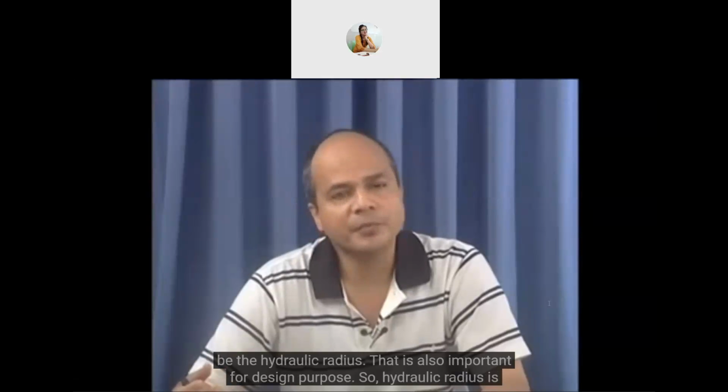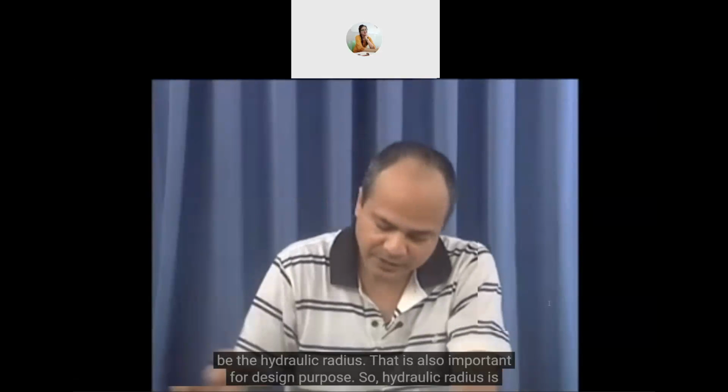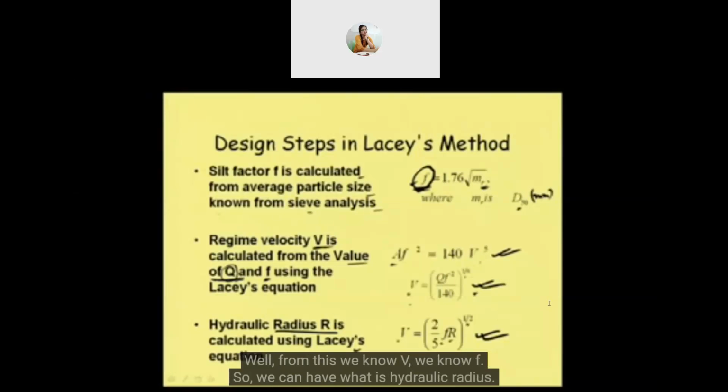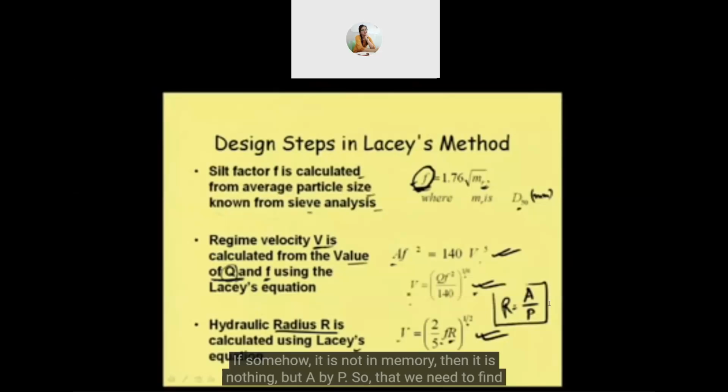That is also important for design purposes. So hydraulic radius is calculated using Lacey's equation that we discussed in our last class, that is V is equal to 2 by 5 F R to the power half. From this we know V, we know F, so we can get the hydraulic radius. And if somehow it is not in memory, the hydraulic radius is nothing but A by P. So that we need to find out.